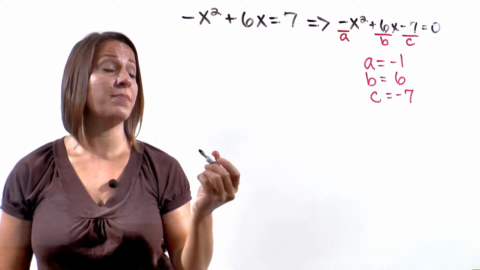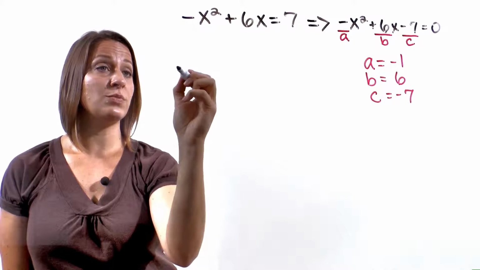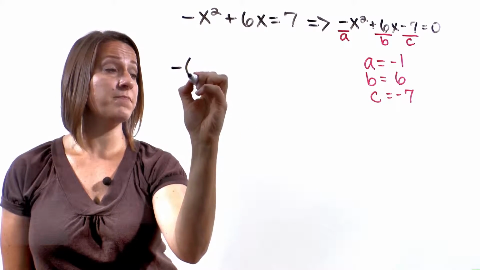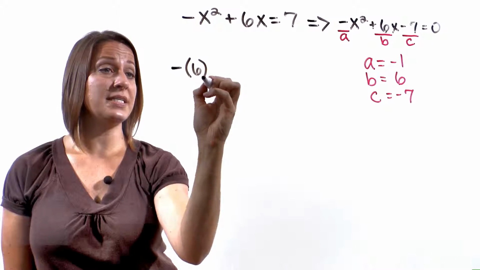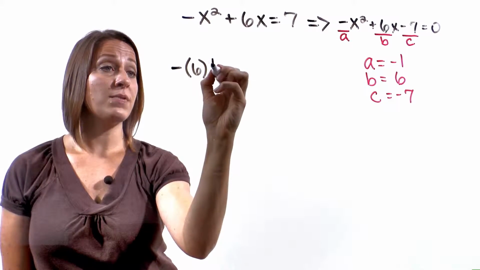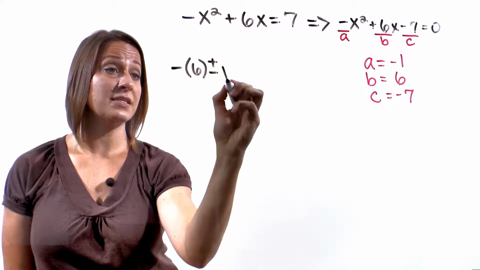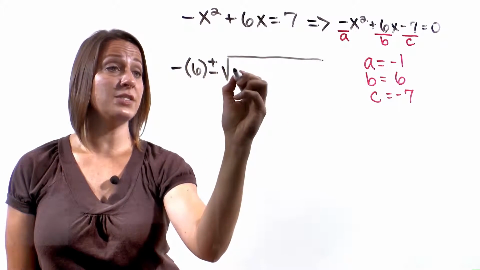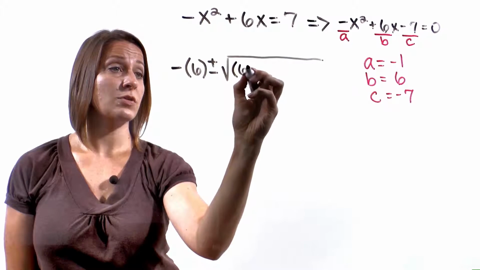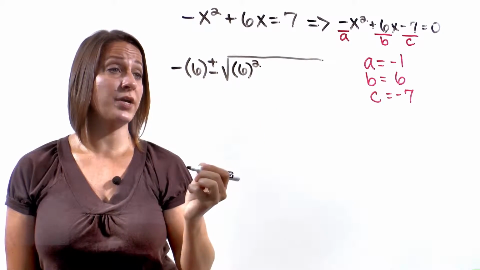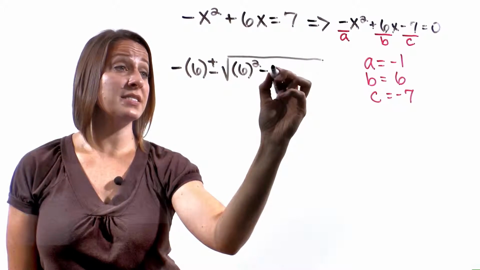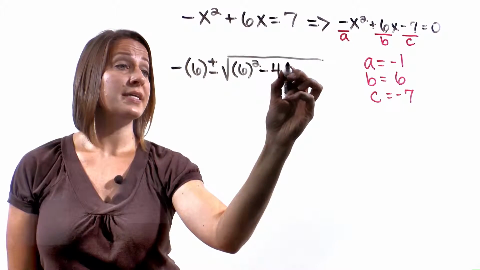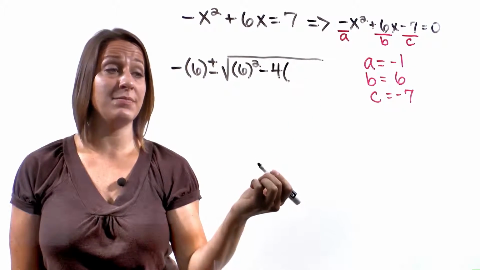So here goes. The first thing we'll do is minus b, which our b is a 6, plus or minus our square root symbol, b squared, so that's 6 squared, minus 4 times a times c.